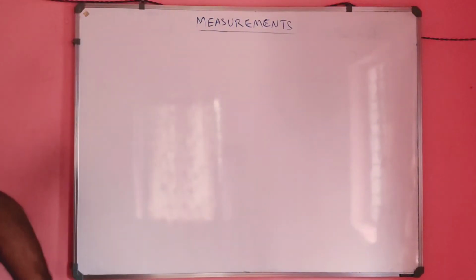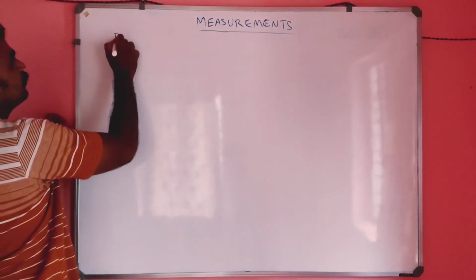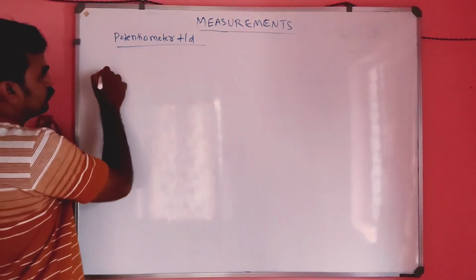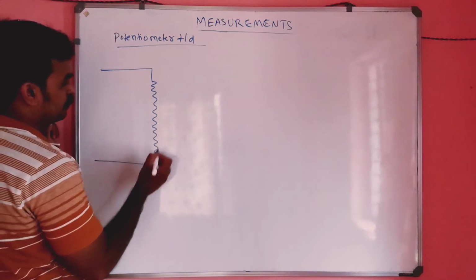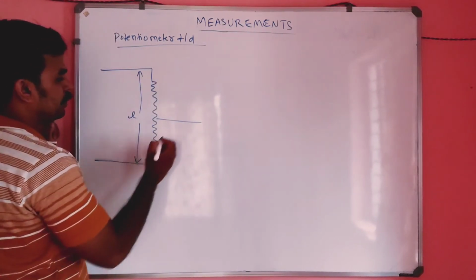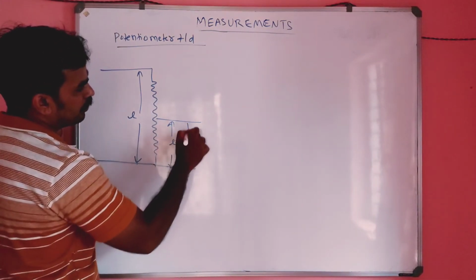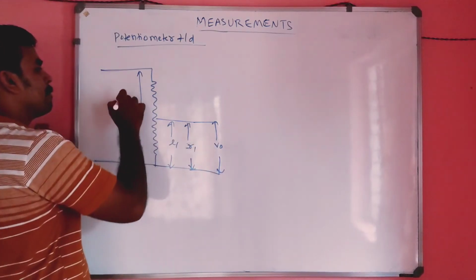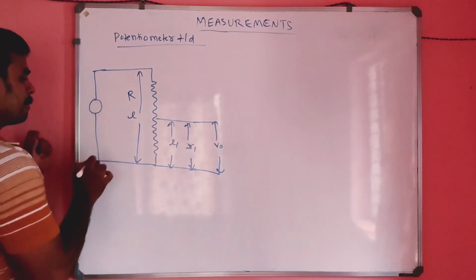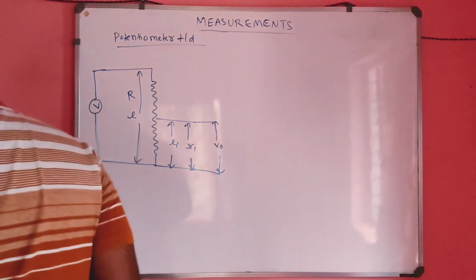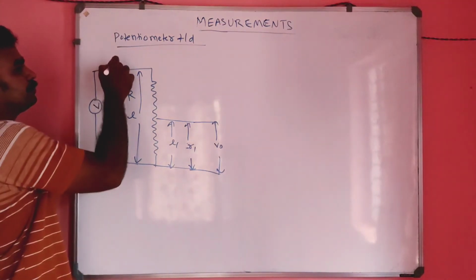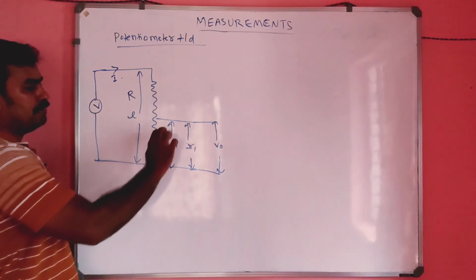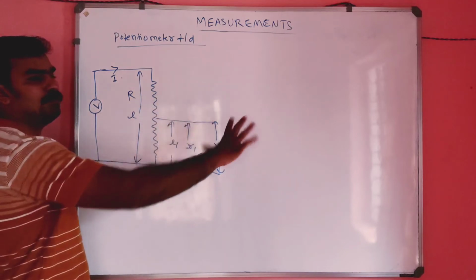Next one is potentiometer transducer. See, my dears, a potentiometer is nothing but a resistance adjusted in such a manner that if a slide wire is conducted across the resistor, and the slide wire moves, the output voltage also changes.